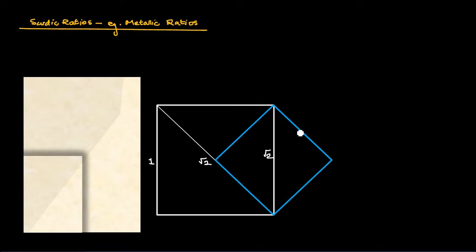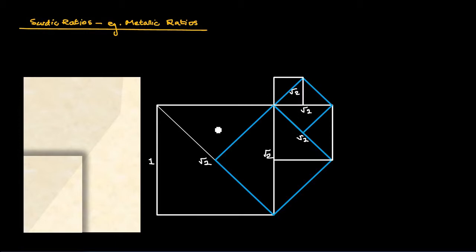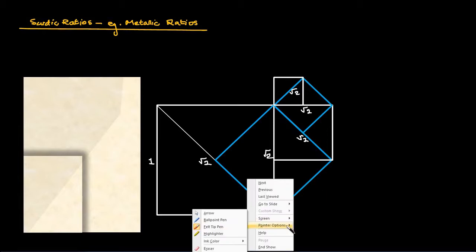And you can keep iterating this square. So this now becomes the diagonal. So this is the root 2. This now becomes the diagonal. So it's still in the 1 to root 2 ratio. And so on, getting smaller and smaller. In fact, creating an interesting spiral.